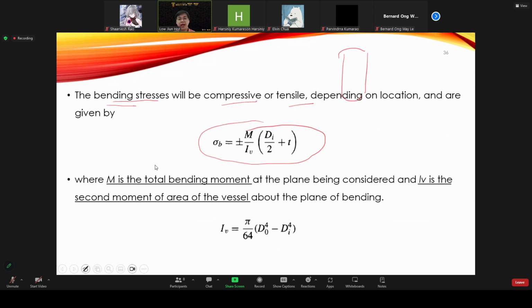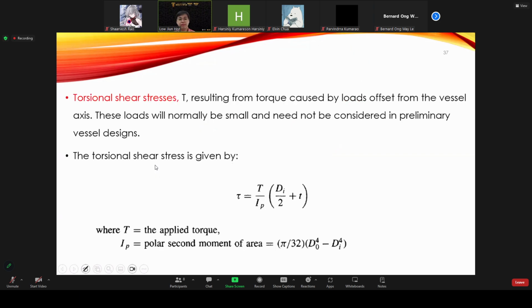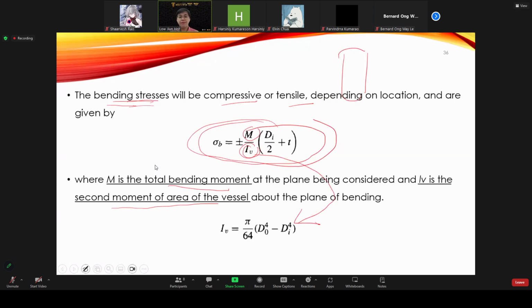M represents the total bending moment, and Iv represents the second moment of area of the vessel, and Iv can be calculated by using the equation here. So the equation here will be provided if, let's say, you want to calculate the bending stress and also the second moment of area of the vessel.